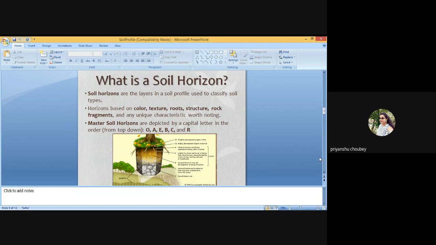The second one is the transitional and combination horizon. Horizons formed by the properties of one master horizon but having the subordinate properties of another, such as AB or BA, are called transitional horizons.